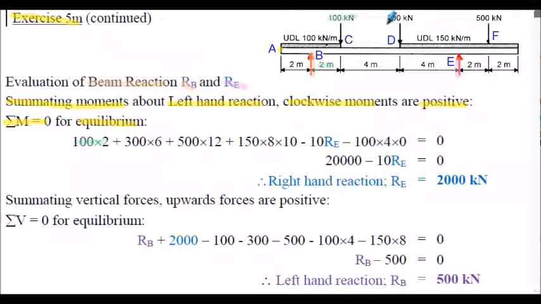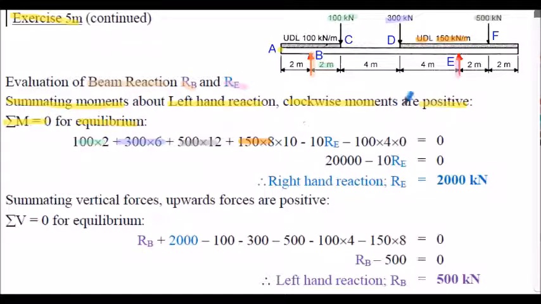I add that to 300 kilonewtons times 6 meters, 2 plus 4 is 6, so add 300 times 6. 500 kilonewtons multiplied by 12, so add 500 times 12, that's 12 meters, 2 plus 4 plus 4 plus 2 is 12 meters. And I have my UDL here, and consider my UDL is 150 kilonewtons per meter. That actually spans over 8 meters, so 150 multiplied by 8, that's the total force.